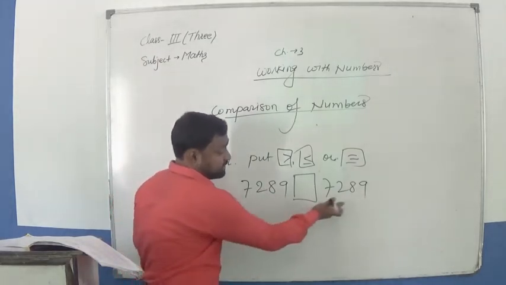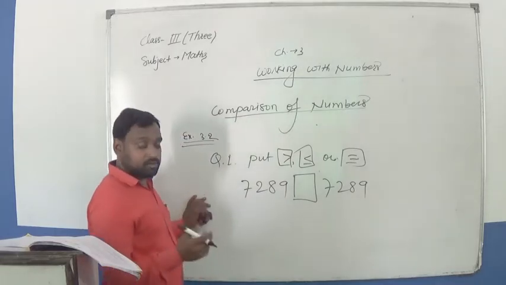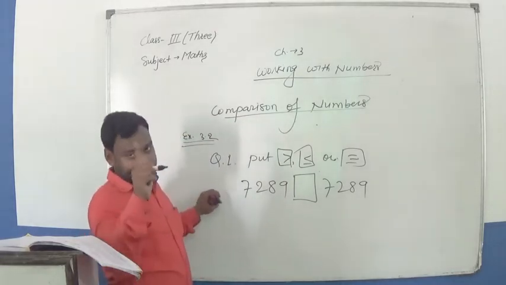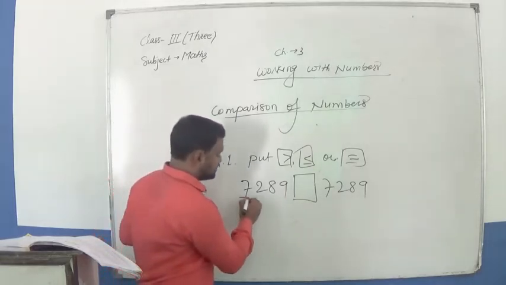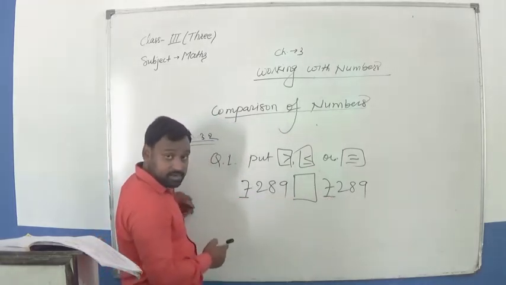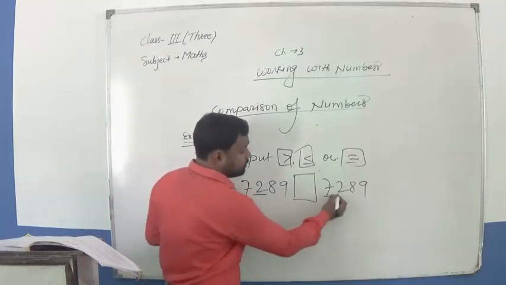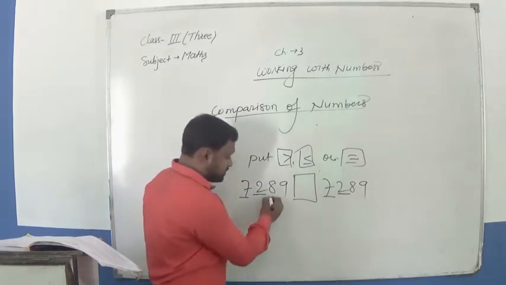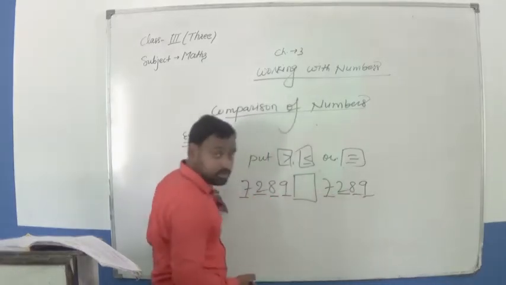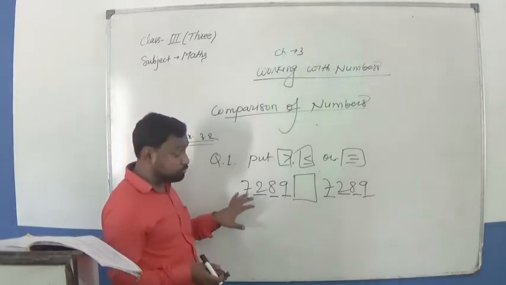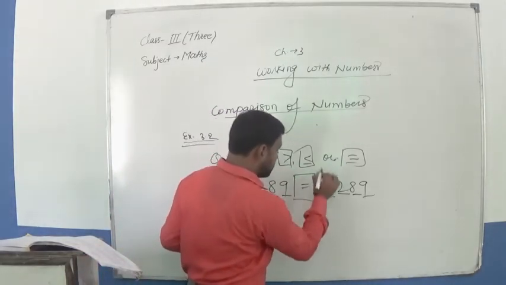The number of digits is the same in both numbers, so it can't be judged by rule number 1. Now we have to apply rule number 2. First digit equal, 2 and 2 equal, third position equal, fourth position equal. That's why both are equal.